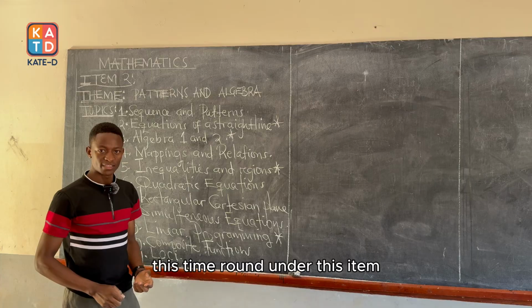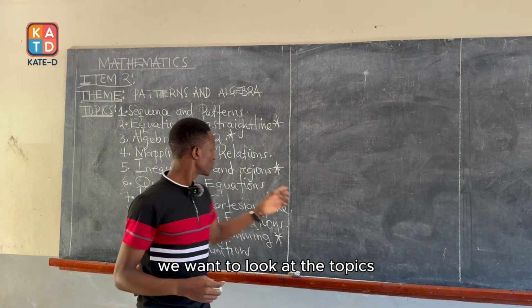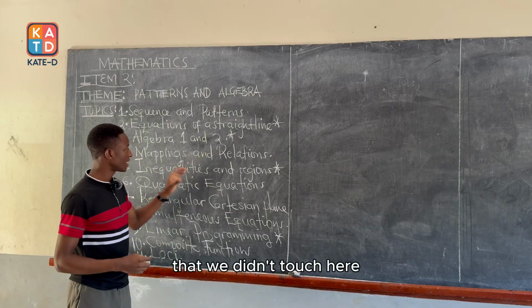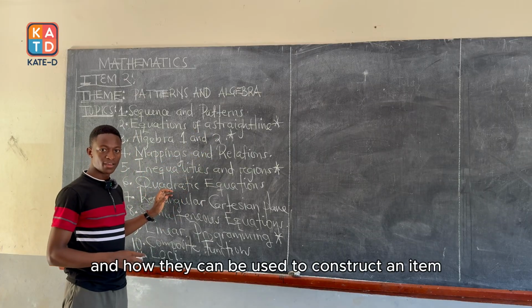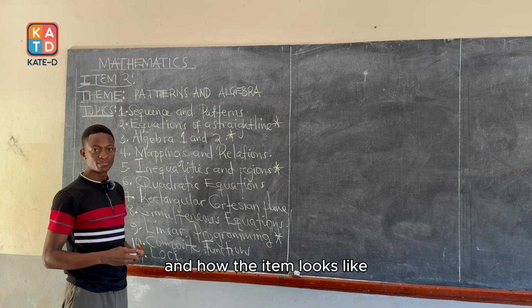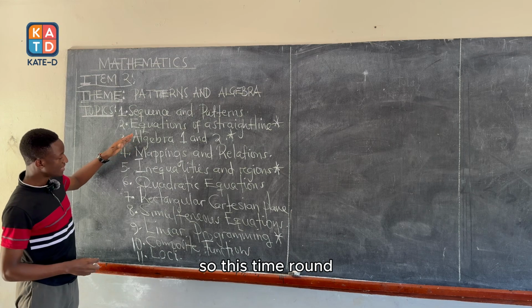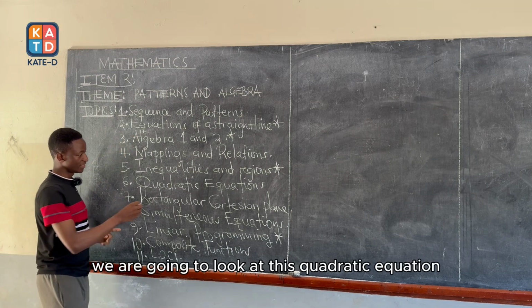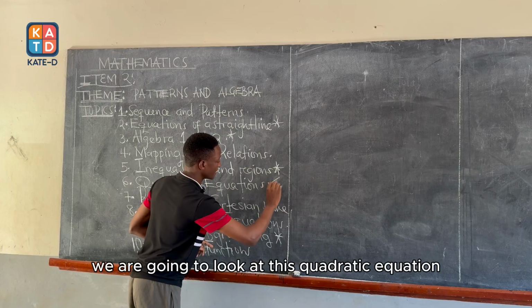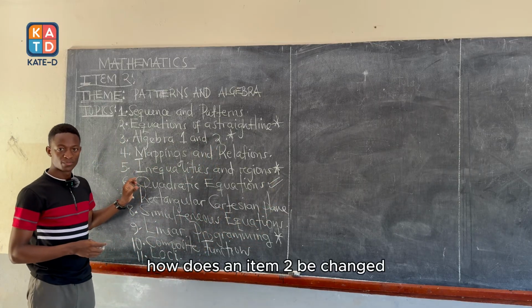This time round, under this item, we want to look at the topics that we didn't touch here and how they can be used to construct an item and how the item looks like. So this time round we are going to look at quadratic equations. How can an item 2 be changed?